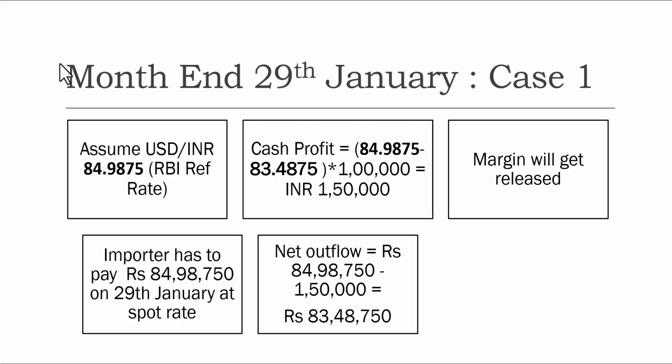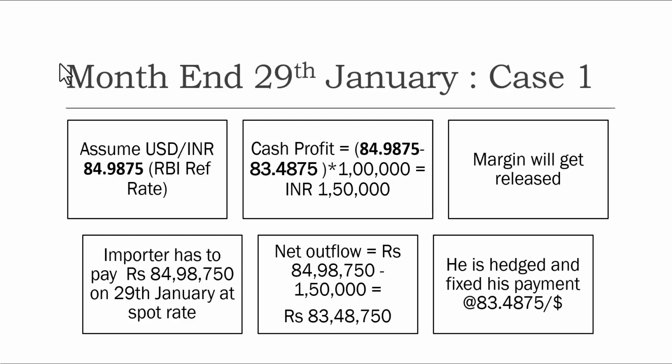So what is my net outflow? 84.98 minus 1,50,000, so my total outflow will be only 83,48. So I'm hedged at 83.4. Whatever position in dollars I have taken will become my hedging rate. So whatever happens, my outflow will happen only at 83.4875, whether the dollar goes up or down.